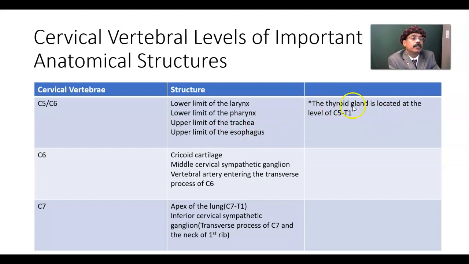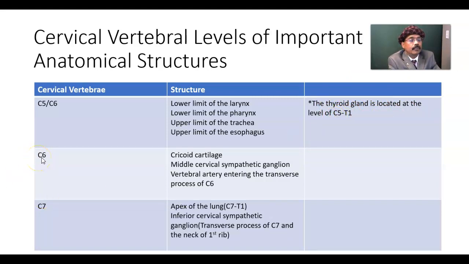You have to remember that the thyroid gland is located at the level of C5 to T1, but it varies depending on the descent of the thyroid gland. Some people may have lingual thyroid, but this is the normal location.